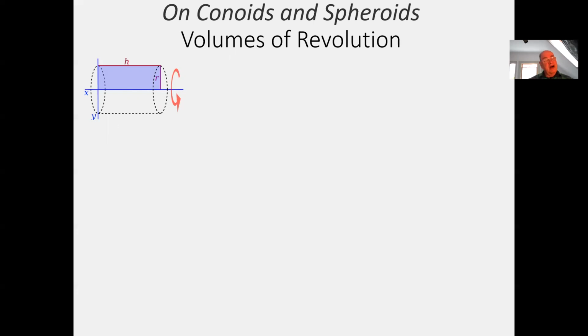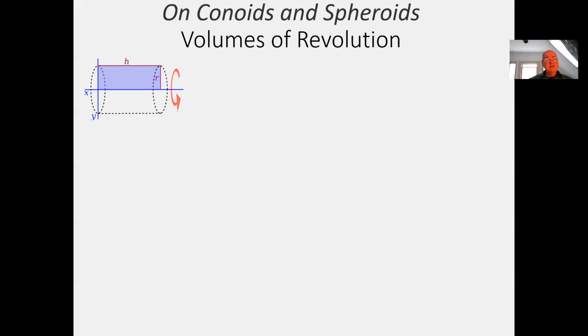But notice when you revolve it around, you get a cylinder. And he wants to be able to show what the volume of that cylinder is with respect to the area of that rectangle. The rectangle is sweeping out the volume, so there should be some way to calculate the volume from the figure which is sweeping it out.